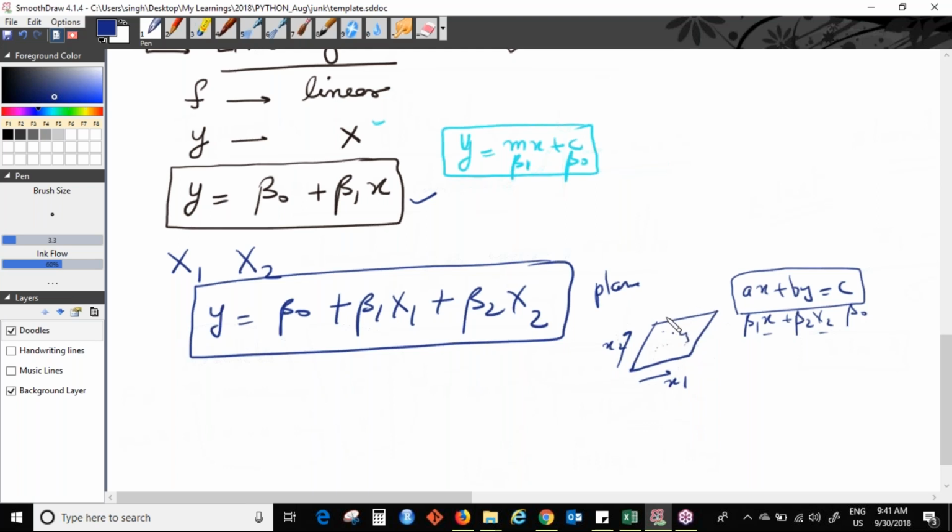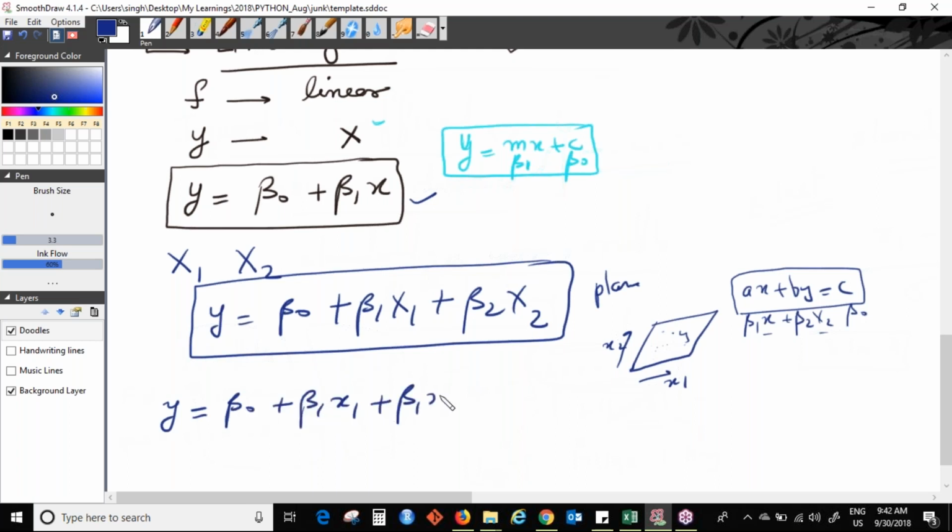Notice this is also linear in structure. So if you have one independent variable, you assume the relationship to be a straight line. If you have two independent variables, you assume the relationship to be a plane. If you have more than two independent variables, the relationship will still be linear, but we don't have a name for that yet.